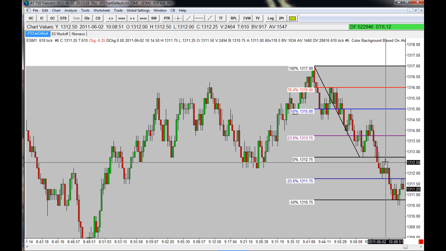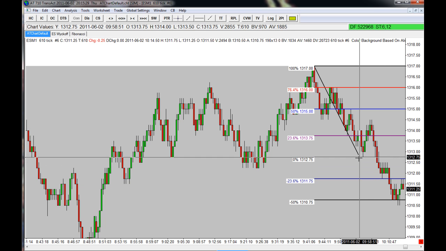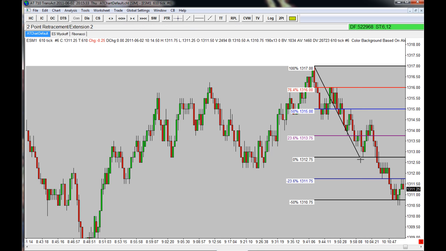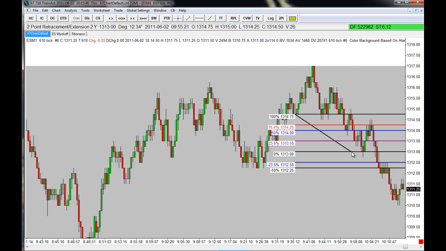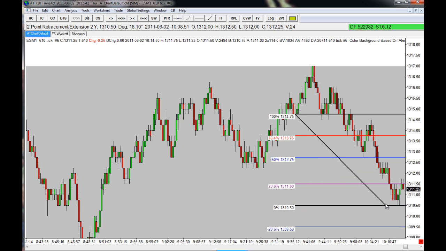I mean, it traded one tick below it several times, so that's really up to you if you want to draw an extended price fib or just continue to move the 0% line. Now let's say we did draw an extended price fib. We would have drawn it from this low to our new low right there.